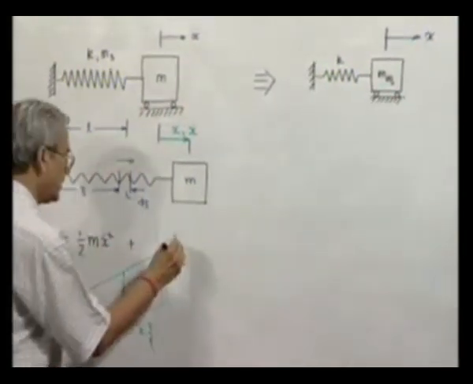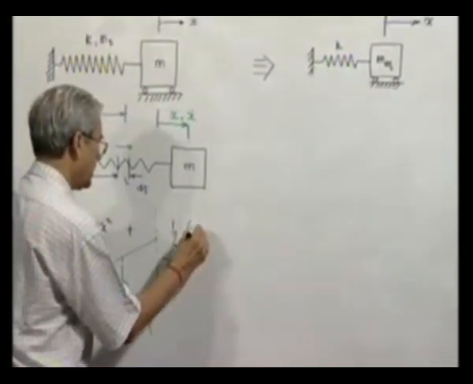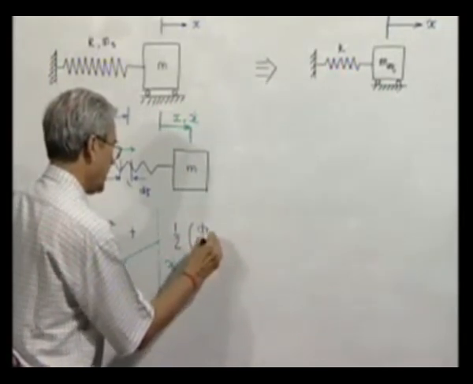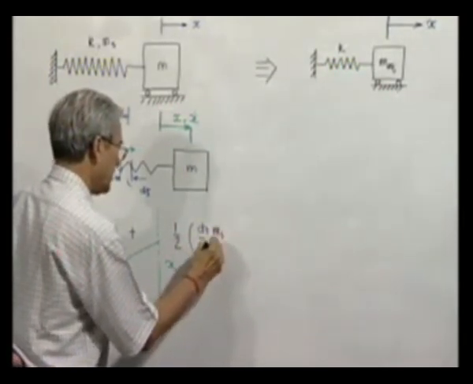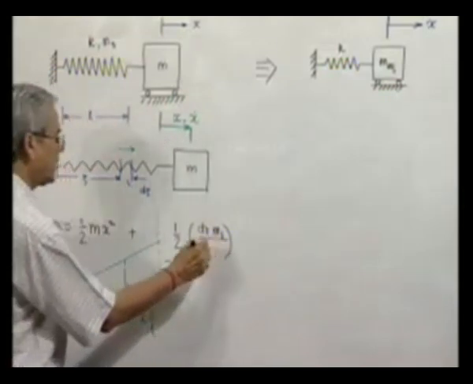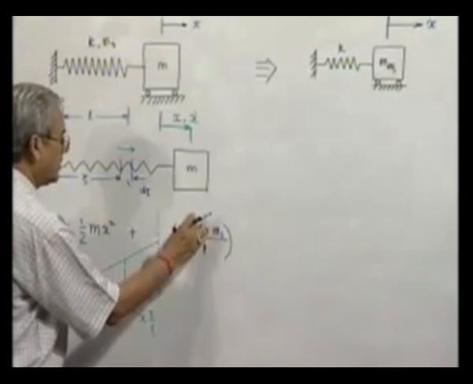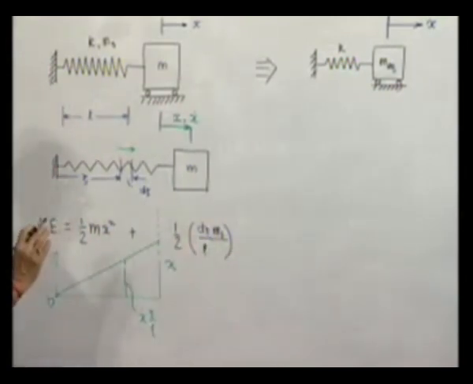First, the mass of the element is d zeta by L into ms. Mass per unit length of the element is ms by L, and the length of the element is d zeta. So, d zeta ms by L is the mass of this element.